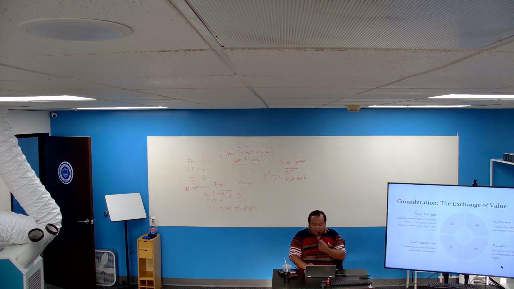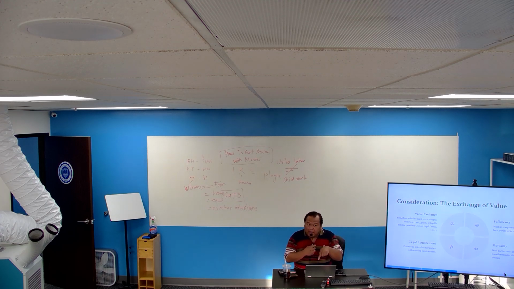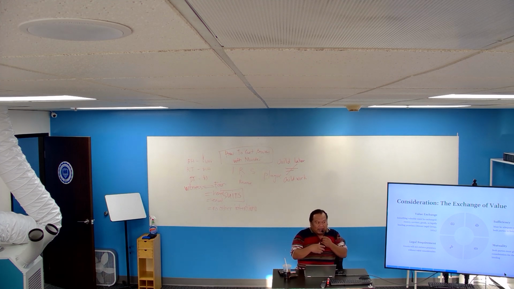Mutuality means you should be able to understand each other. Like what's the condition? If I return the chair and there's a damage, do I need to pay or is it covered? Or what if when I got the chair there's already a damage?